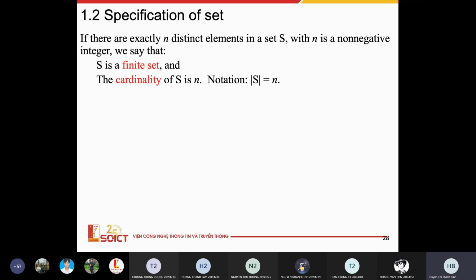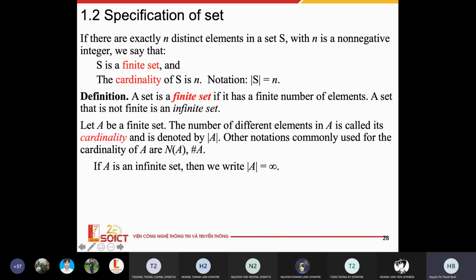If there are exactly n distinct elements in a set S, with n a non-negative integer, we say that S is a finite set and the cardinality of S is n. And here's the notation. A set is finite if it has a finite number of elements, and a set that is not finite is an infinite set.